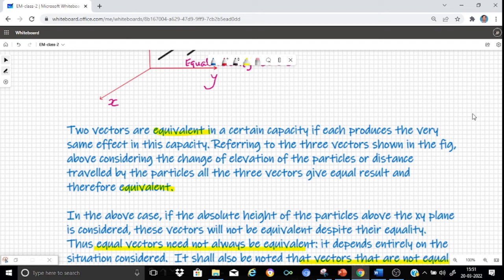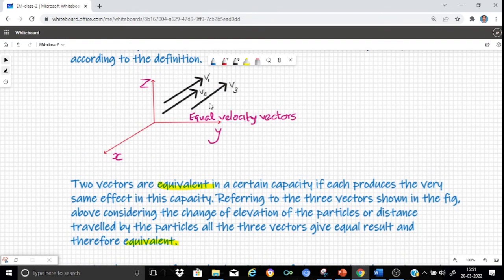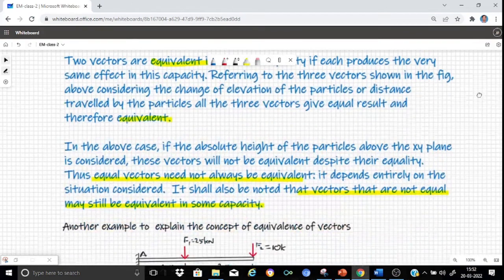Everything depends upon the so-called effect we are measuring, because referring to this sketch, we have seen that considering the change in elevation and the distance traveled by the three particles, V1, V2 and V3 are all equivalent vectors. But considering the absolute elevation of these particles 1, 2, 3 above the xy plane, these are not equivalent. So what does this mean?